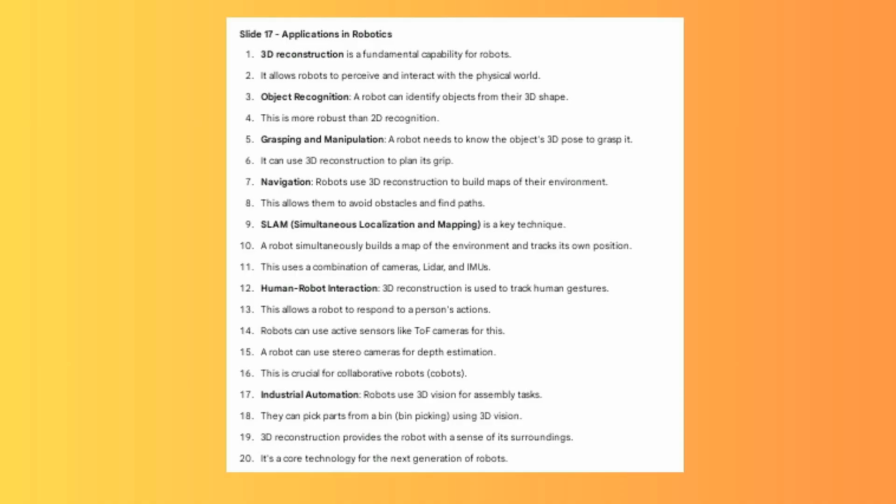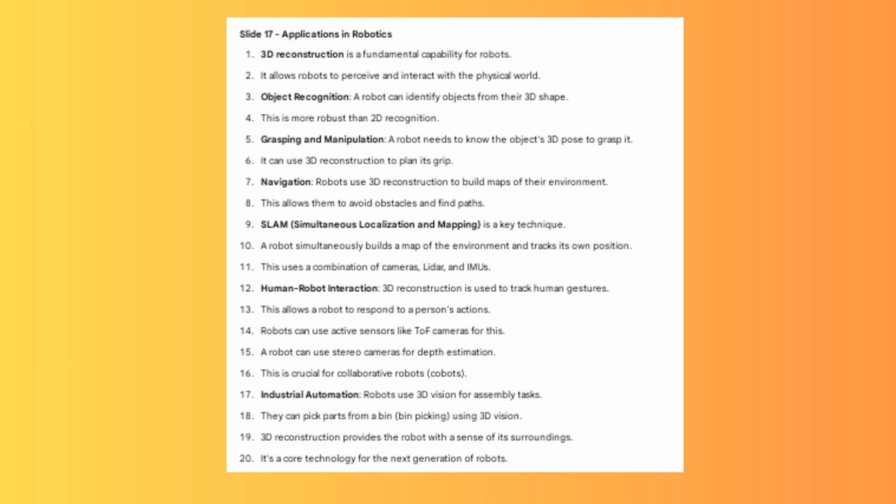It allows a robot to perceive its environment in a way that is much more robust than 2D vision. For example, with object recognition, a robot can identify an object by its unique 3D shape, which is far more reliable than just looking at flat images.